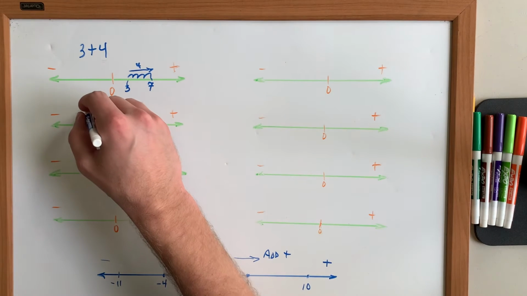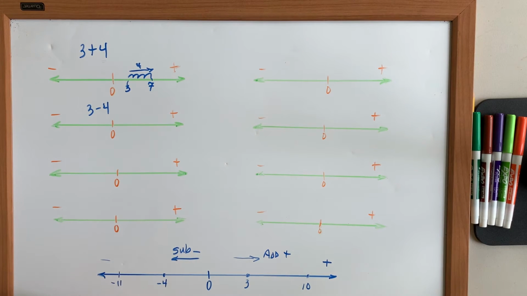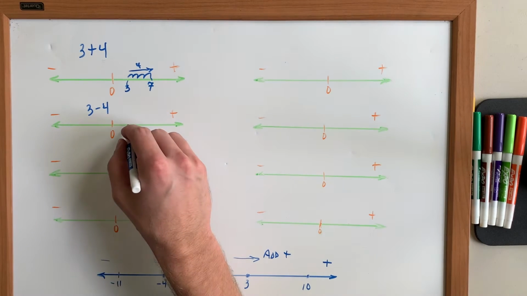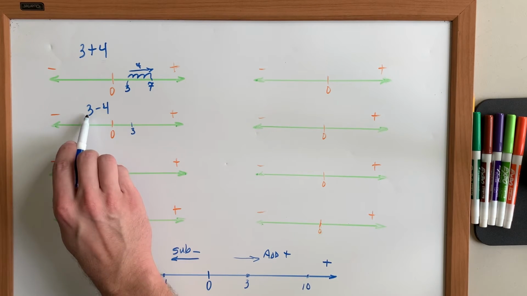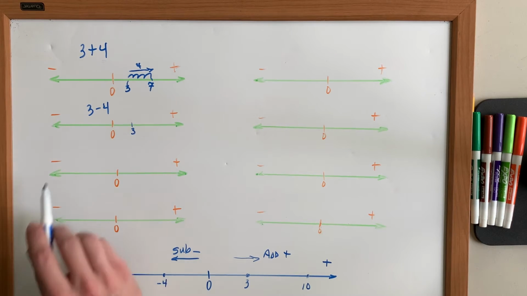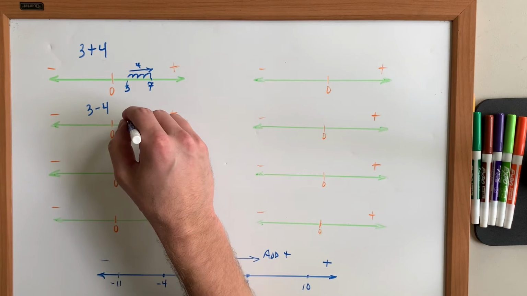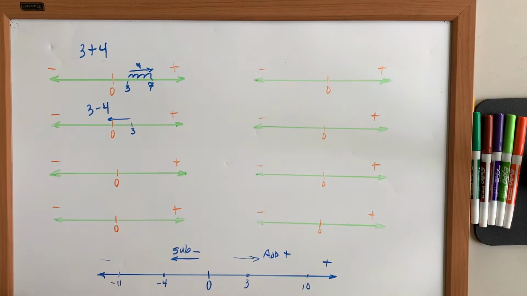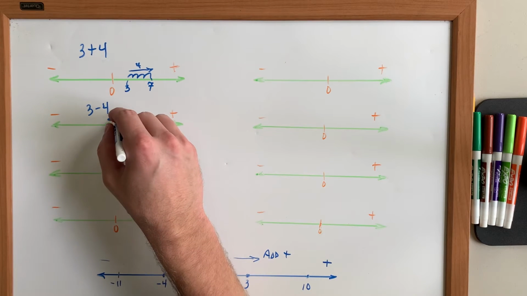I can do a similar problem, but let's change one thing. And let's say 3 minus 4. Well, I'm still going to start here at positive 3. This is where I start on the number line. But remember that we said that subtraction or takeaway means that we're going to move to the left. How far are we going to move? We're going to move 4 units.